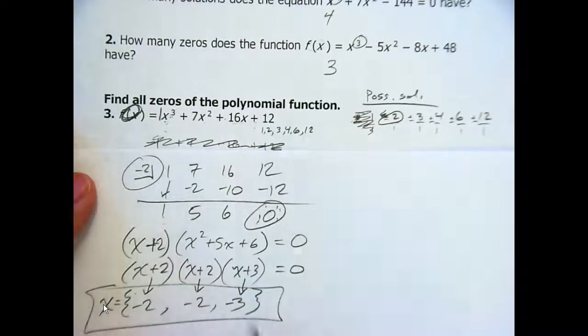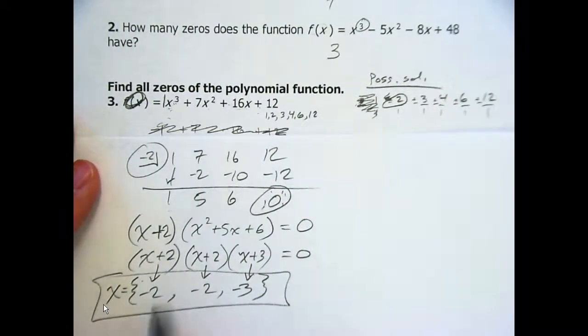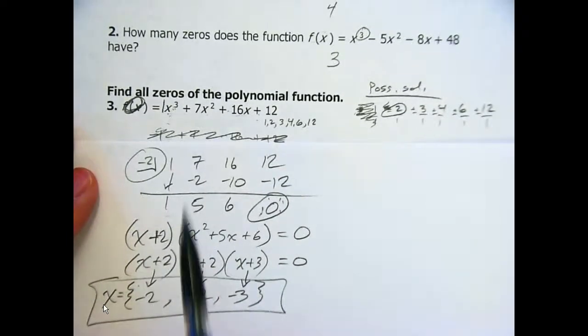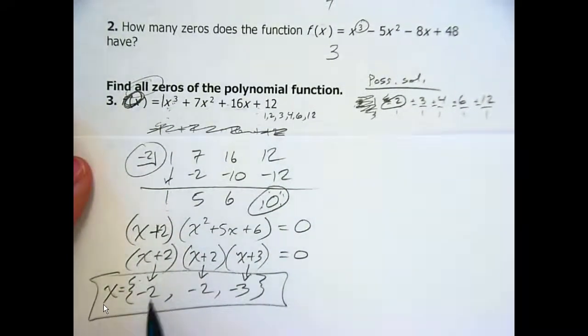I would probably accept it with just negative 2 and negative 3. But when it says all zeros, I could see where a teacher would argue, look, I want to see negative 2 appear this many times. So it doesn't hurt you to write the extra negative 2 unless you have to write it 100 times.